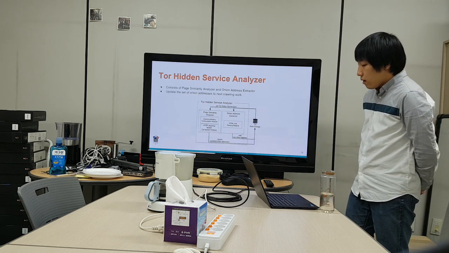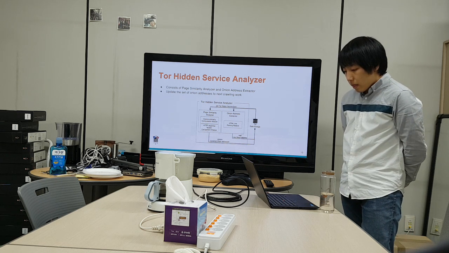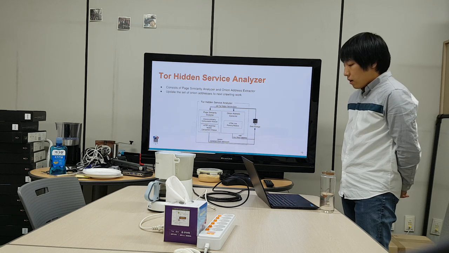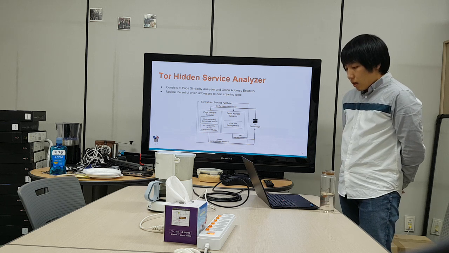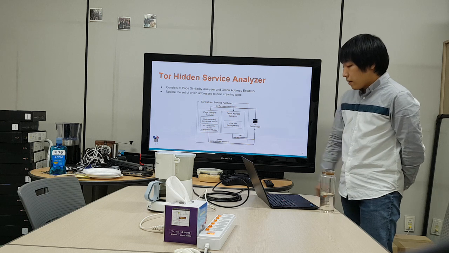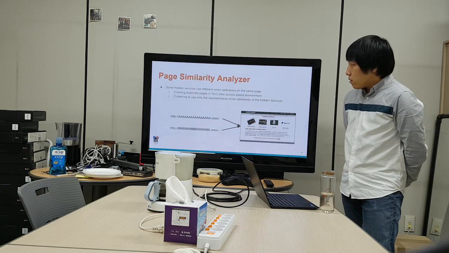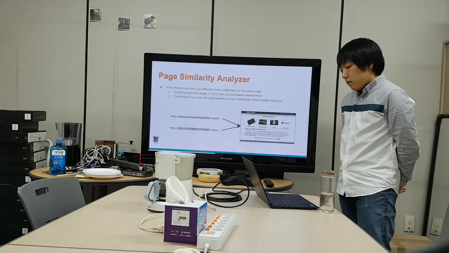The following is the structure of the Tor hidden service analyzer. This module consists of a page similarity analyzer and an onion address extractor. It updates the onion address set for the next query. Some hidden services use more than one onion address.